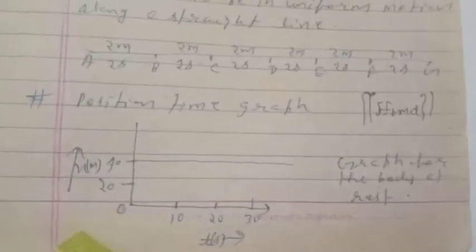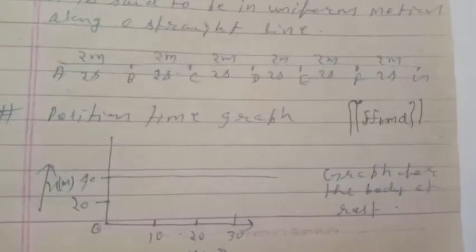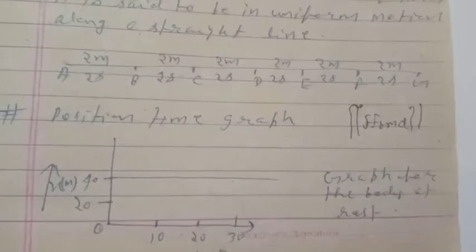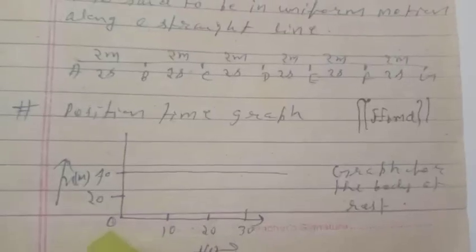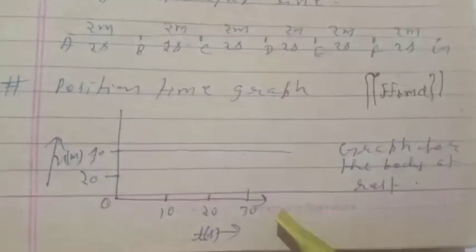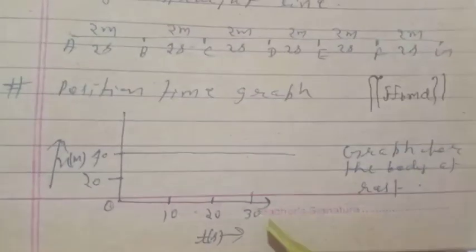Now we are going to discuss the position time graph. The position is taken on the y-axis and the time is taken on the x-axis.